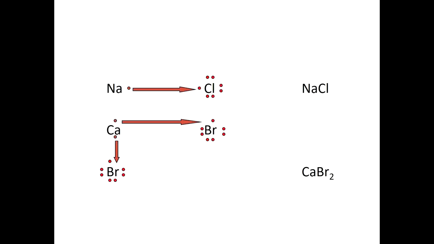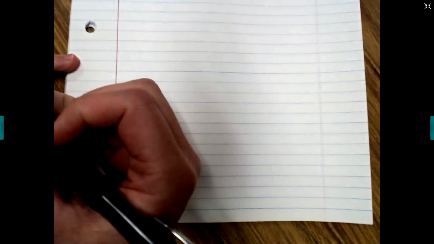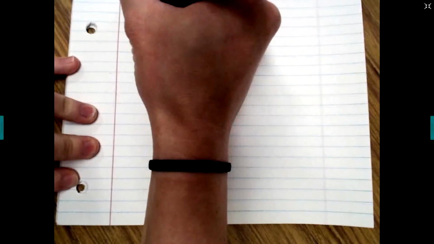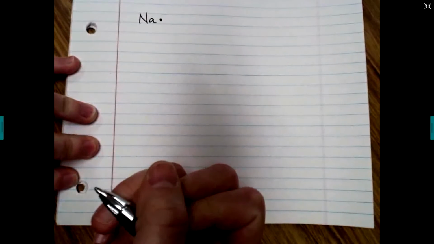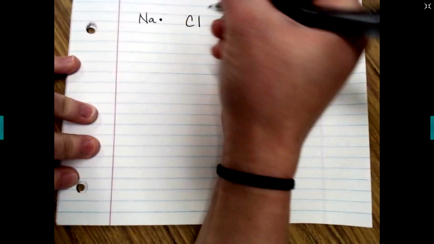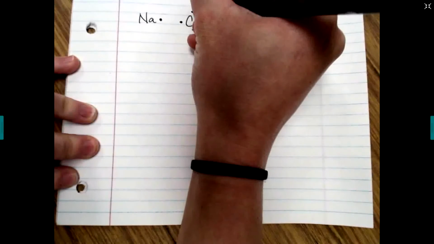So I'm going to flip back over to my document camera and show you how you draw Lewis structures to represent ionic bonding. All right, just to give you a visual representation of what I just discussed. Sodium has one valence electron, so we're going to draw one dot. Chlorine has 7 valence electrons, so we're going to draw 7 dots.